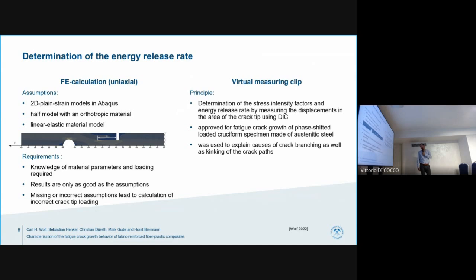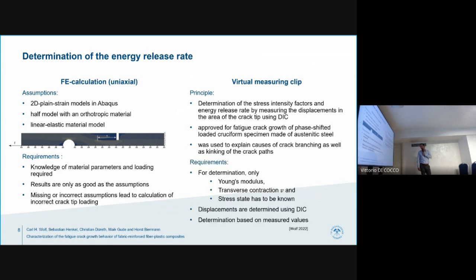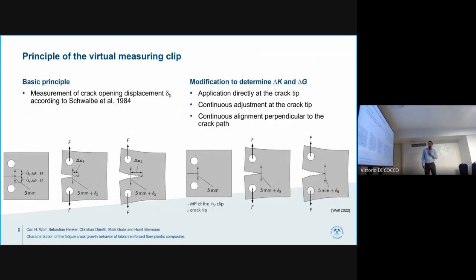So the idea was to also use it for this material. We used the Young's modulus, the transverse contraction at the stress state, and the displacements we got from the DIC. So the results were measured values.